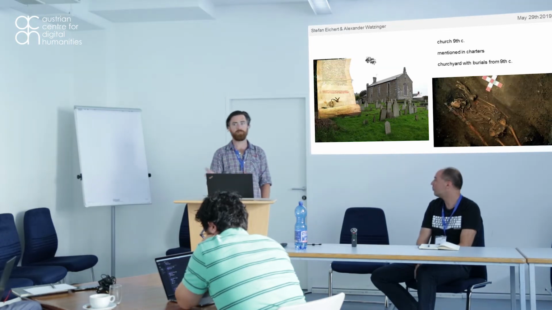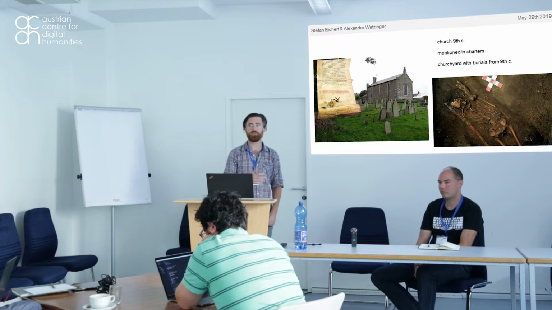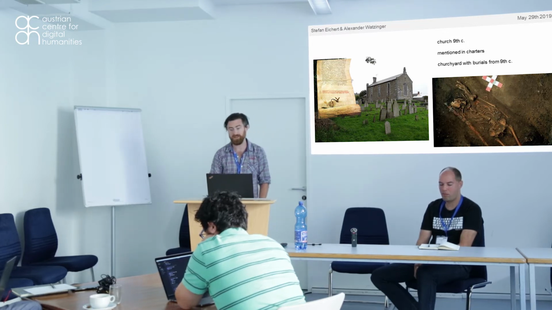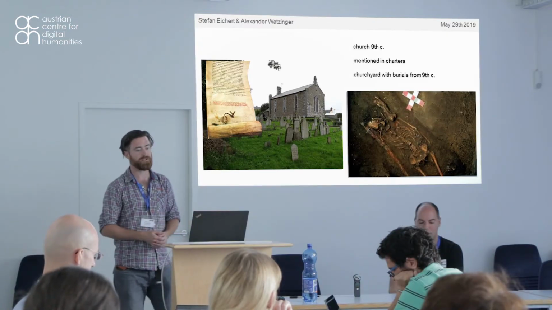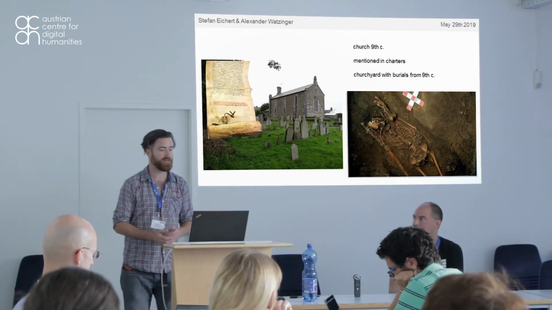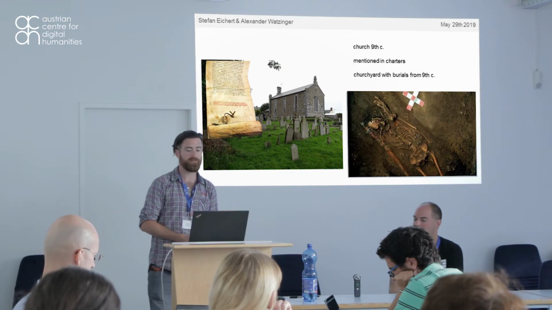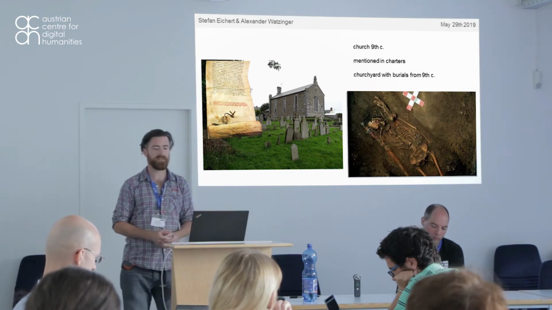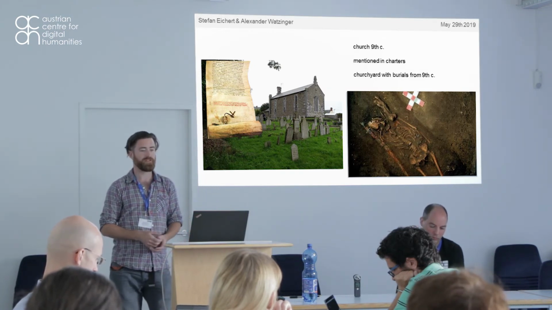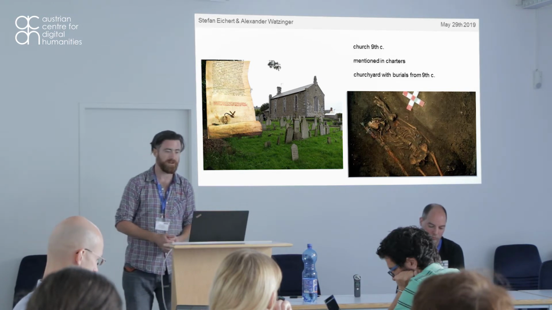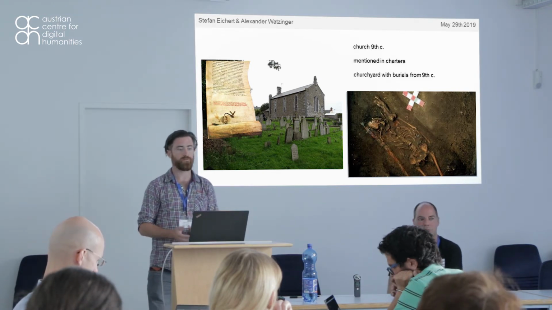And as the main topic of the workshop is how we map our data with the CIDOC CRM, I want to show you one example that we often find in our database that combines evidence sources from various disciplines. In this case, it's a church from the Middle Ages, founded in the 9th century. We know about this church from written sources.